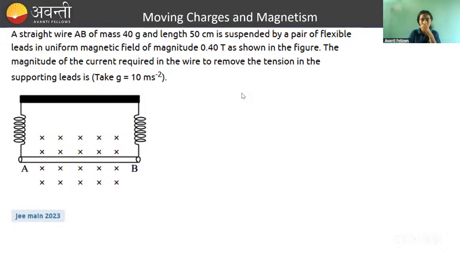Chalo, question karo. Again, this is an integer type. Read the question. Try it at least. Then I will explain.